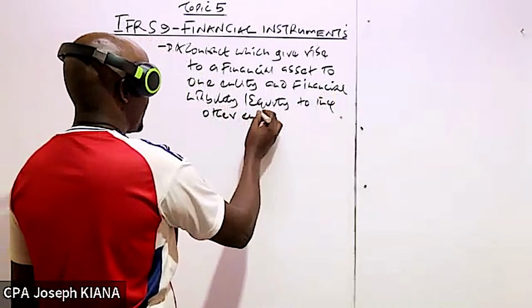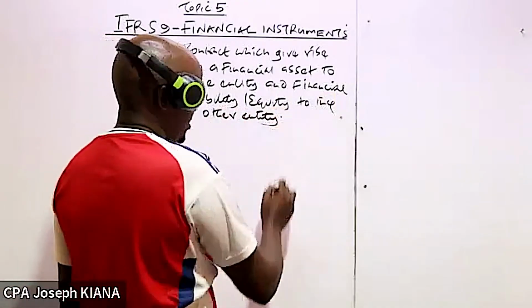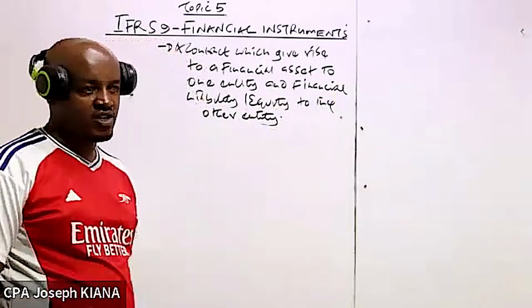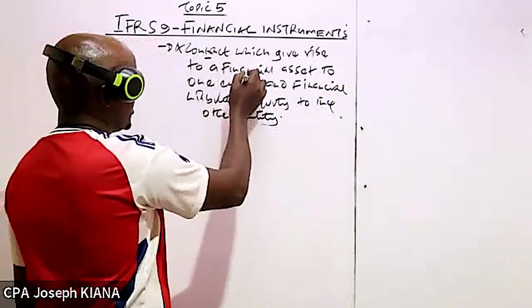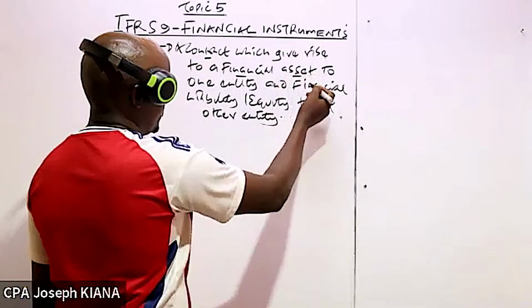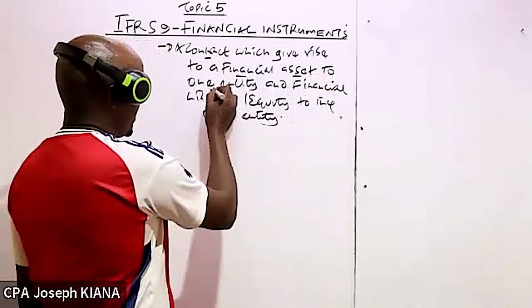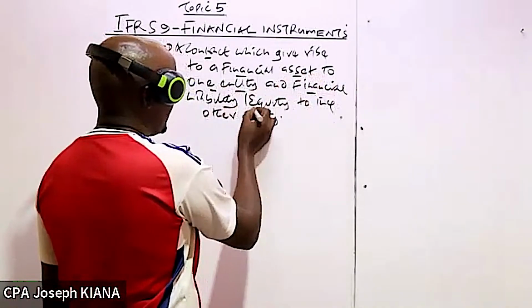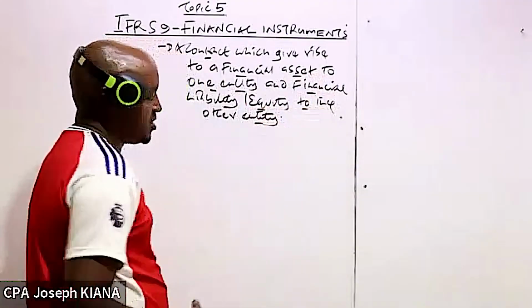That is how we define a financial instrument. It is a contract which will give rise to a financial asset for one entity, and a financial liability or equity to another entity.